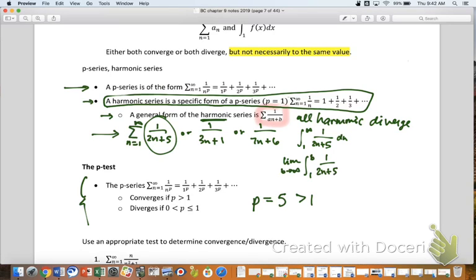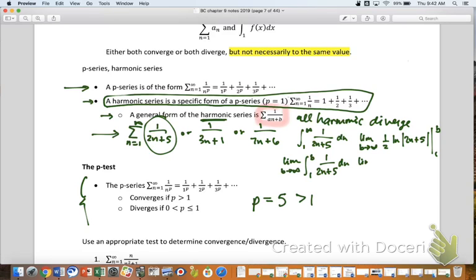What's the antiderivative of 1 over 2n plus 5? There you go. It'd be limit as b goes towards infinity of 1/2 ln of 2n plus 5. The absolute values really don't need to be there, because I know my n is going to be positive, and so 2n plus 5 will always be positive, so I'll drop those in a second.